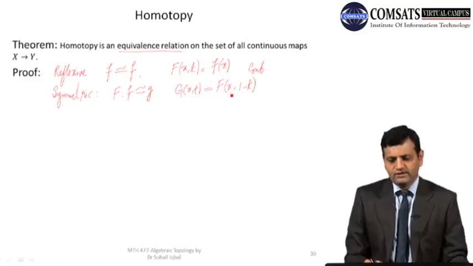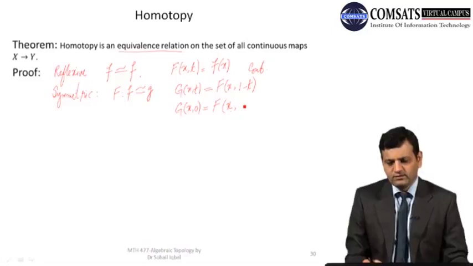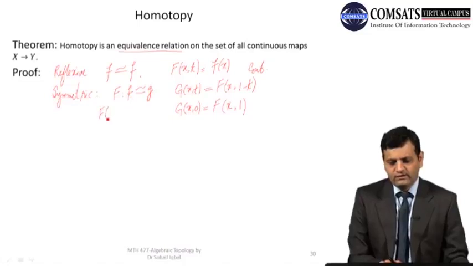So in this case, observe, what is G(x,0)? It is equal to F(x,1). So what is F(x,1)? If this is a homotopy from f to g, then F(x,0) should be equal to f, and F(x,1) should be equal to g.